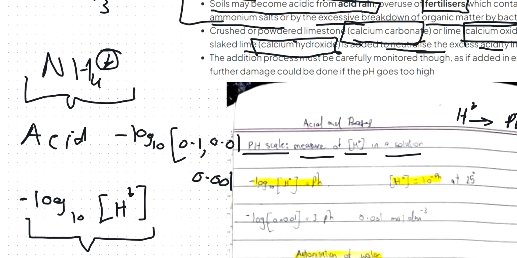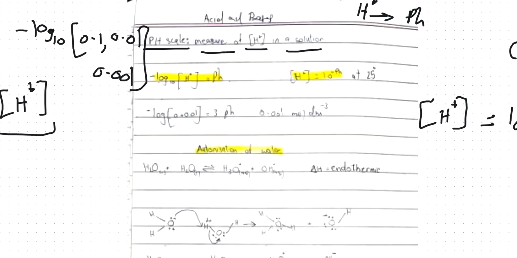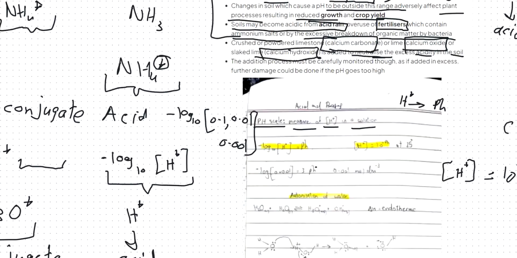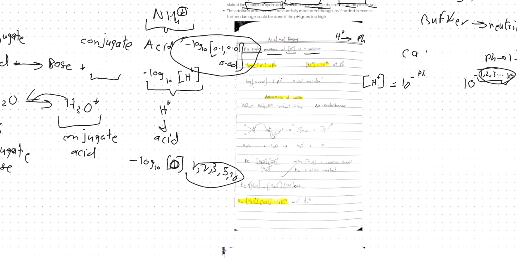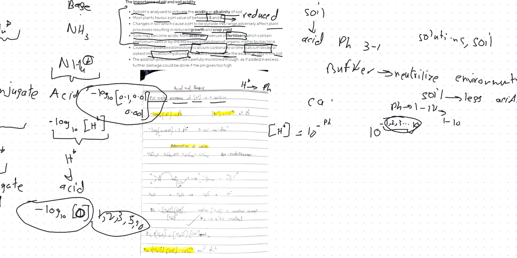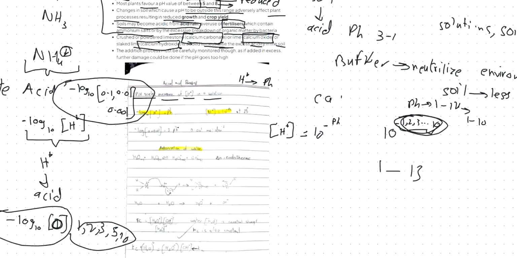These decimals are the most common H plus concentrations they can give, so learn these values as well. For H plus concentration, you can memorize the whole numbers 1 till 10 or 1 till 13. So this is how you calculate the H plus concentration.